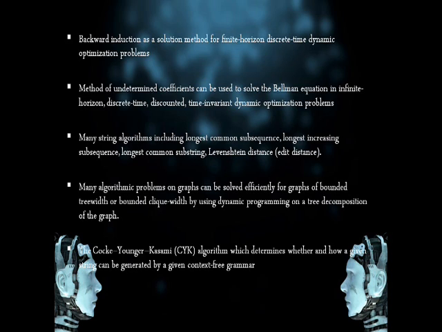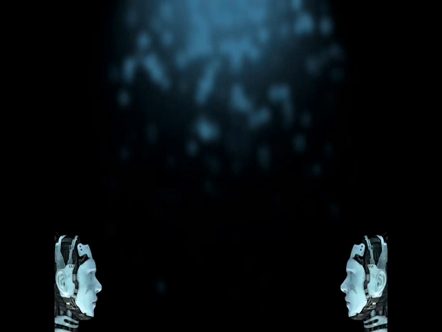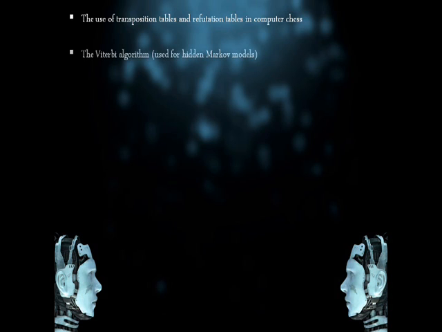Next, the Cocke-Younger-Kasami (CYK) algorithm, which determines whether and how a given string can be generated by a given context-free grammar. Furthermore, the use of transposition tables and refutation tables in computer chess.